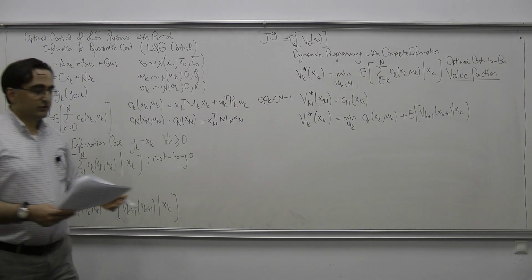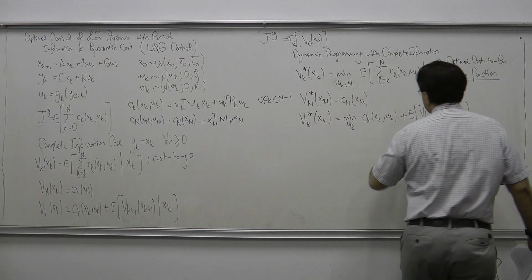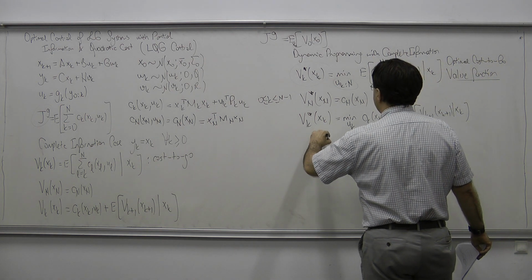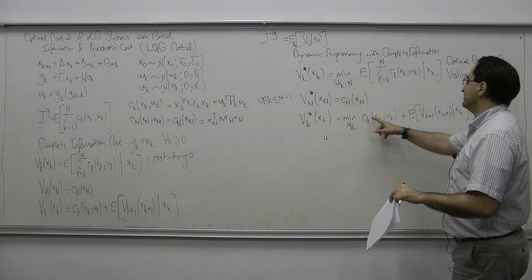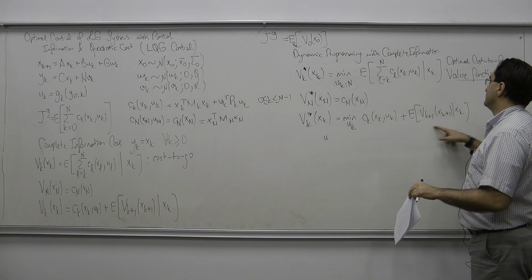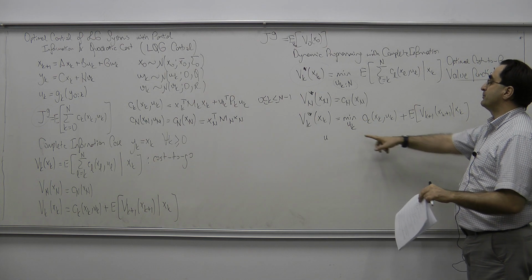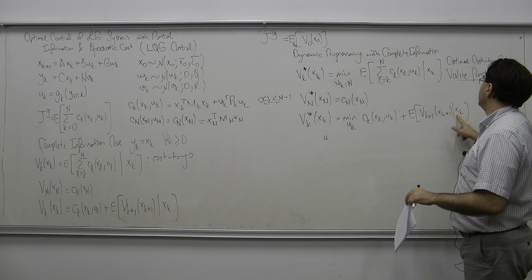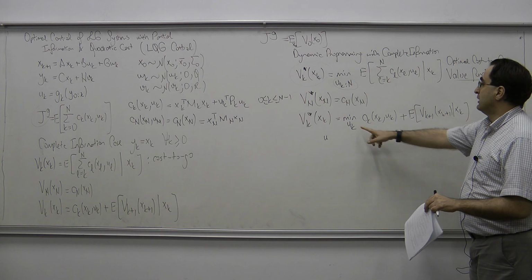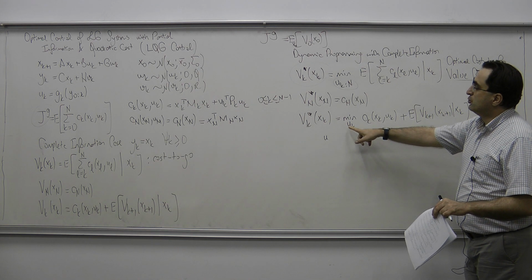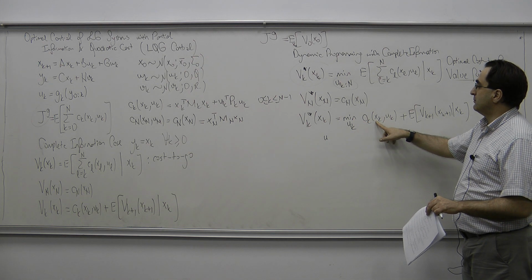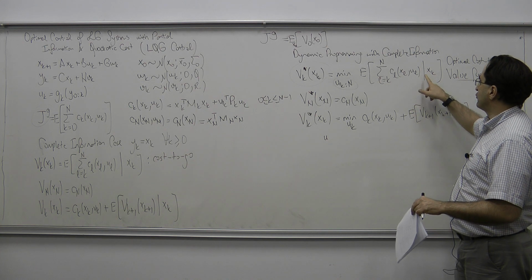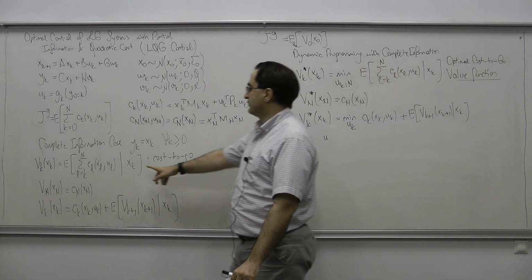And the input that we find at the end of this minimization is the optimal feedback policy. When I minimize this right-hand side with respect to uk, I would get uk in terms of xk. So at the end of this minimization, the uk that I find becomes a function of xk. This is coming because of the structure of these value functions.